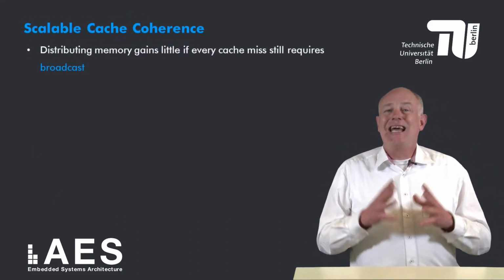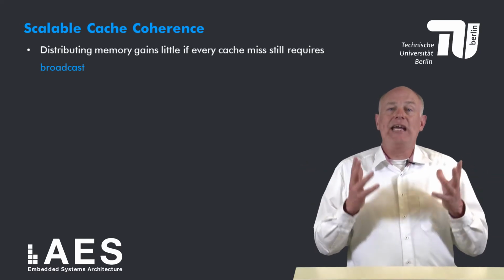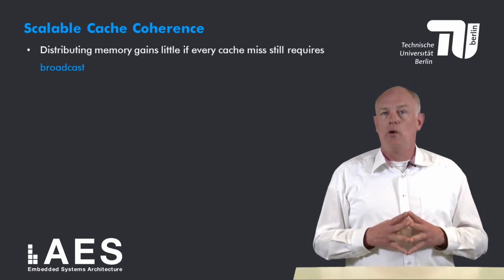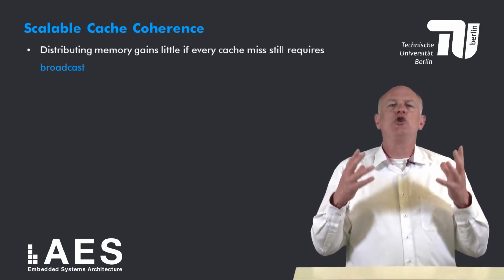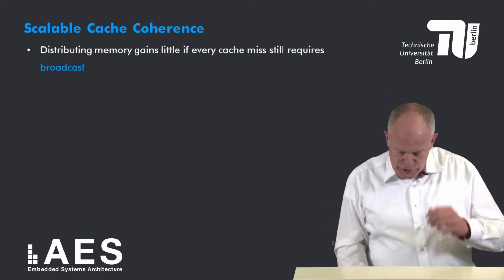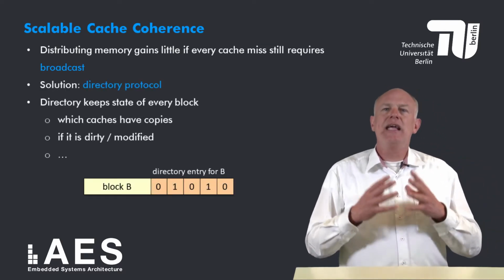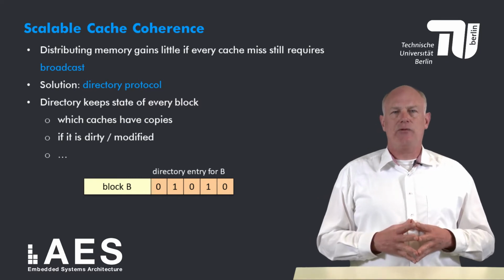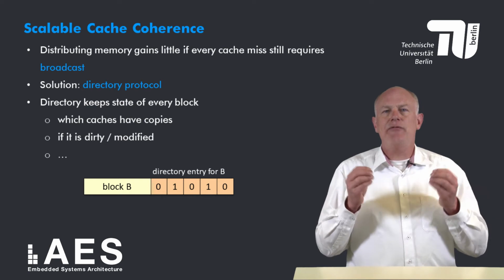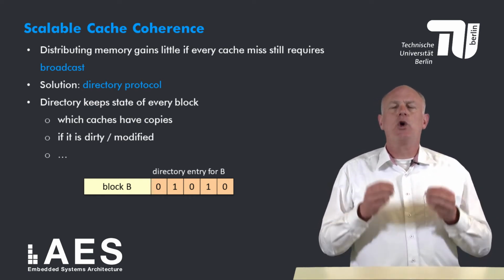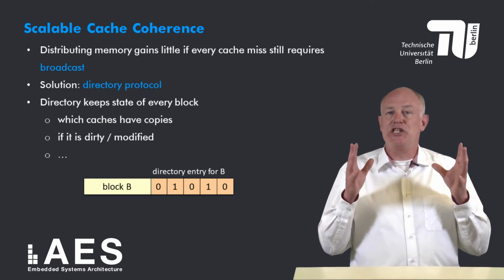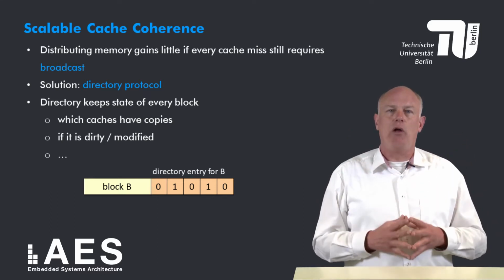Distributing the memory gains us little if every cache miss or write still needs to be broadcast to all nodes, since then too many cache coherence messages need to be sent. The solution to this challenge is to employ a different kind of coherence protocol, different from snooping. This different type of coherence protocol is called a directory protocol. The directory keeps the sharing status of every block.